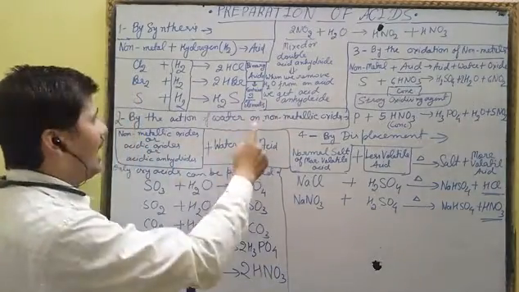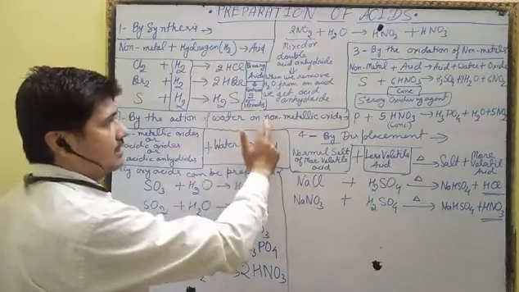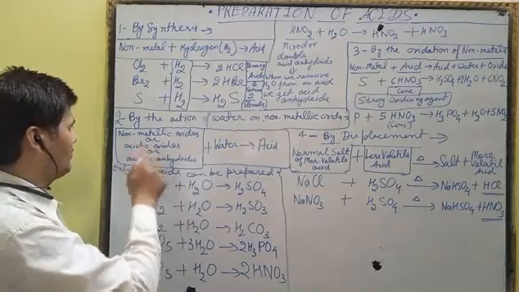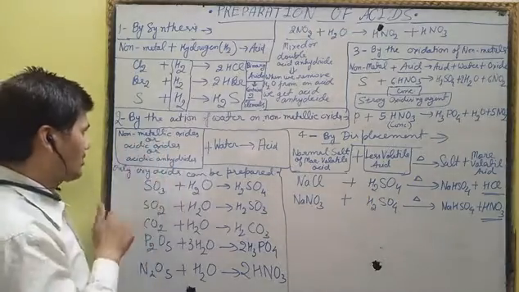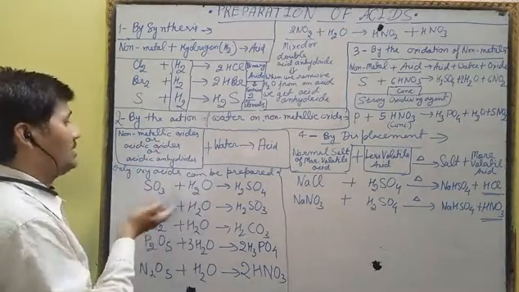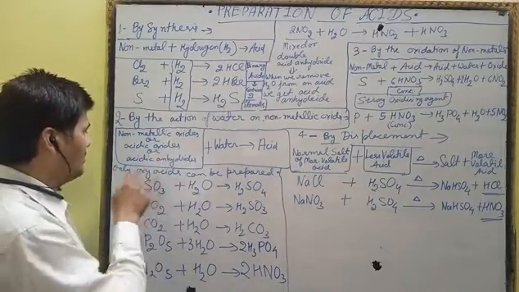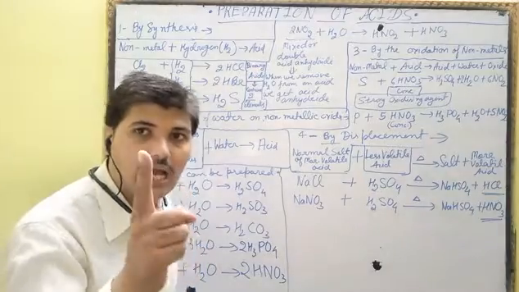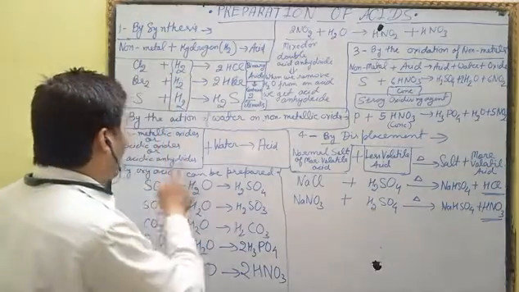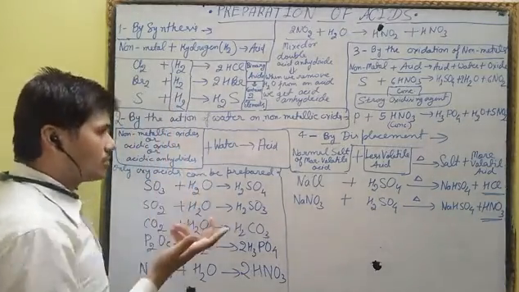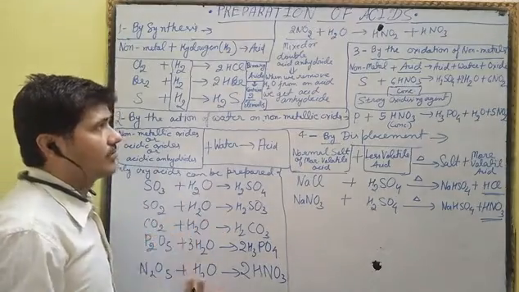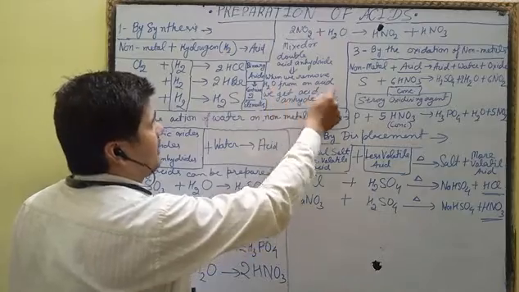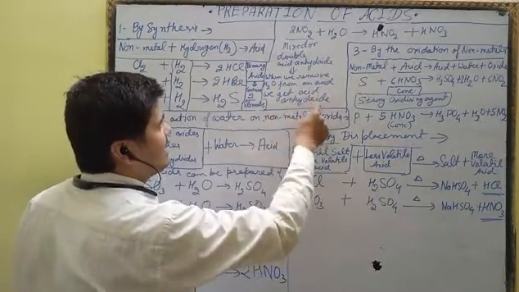Second, by the action of water on non-metallic oxide, meaning oxides of non-metals reacting with water. The nature of non-metallic oxide is acidic, so we can use the term acidic oxide, and a third term is acidic anhydride. What is acidic anhydride? When we remove water from an acid, we get an acid anhydride.